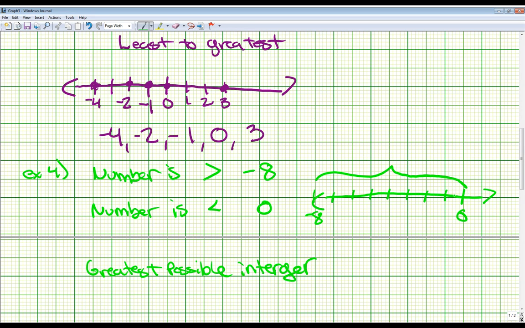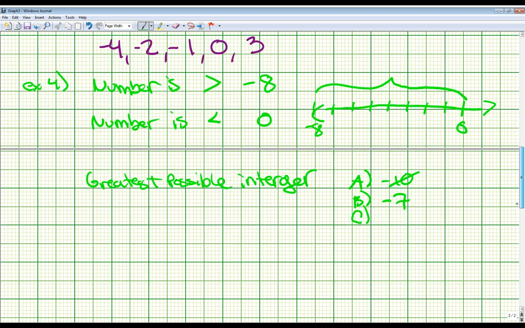So if we take a look at that, choice A they give us is -10. -10 isn't even within this window, so it cannot be -10. Choice B they give us is -7. And -7 is in this window, but it would be right here. So that's a possibility. Let's see what the other choices are.